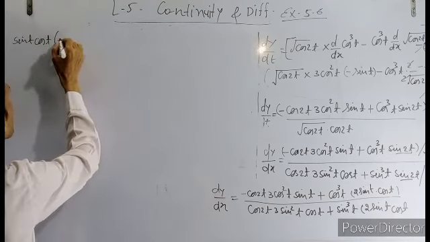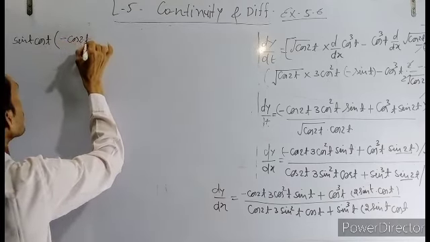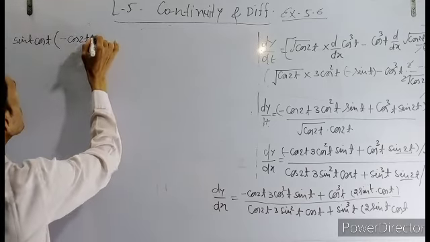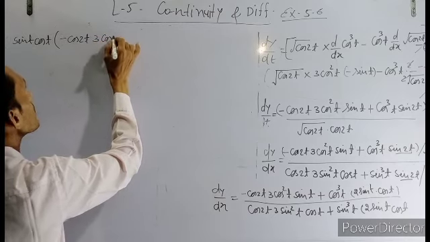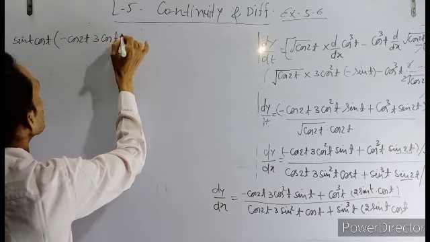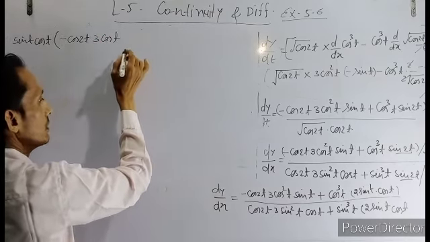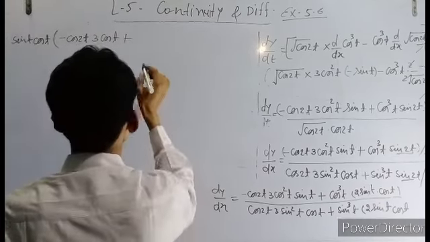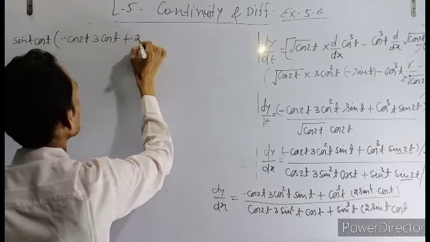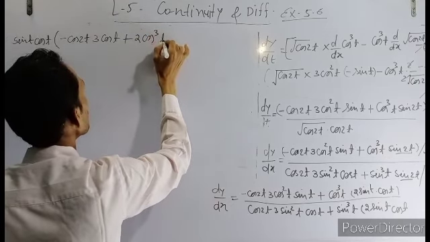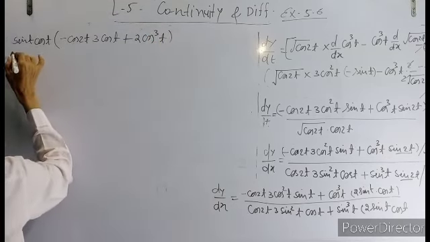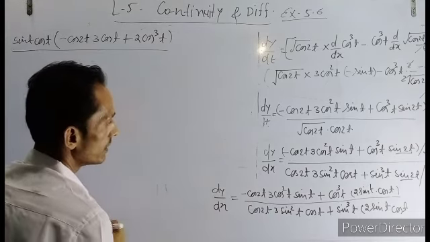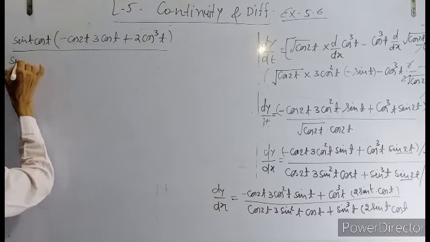Cos 2t, minus cos 2t into 3 cos t plus 2 cos cube t. Okay, similarly in the denominator also take the common sin t cos t. What will come here?